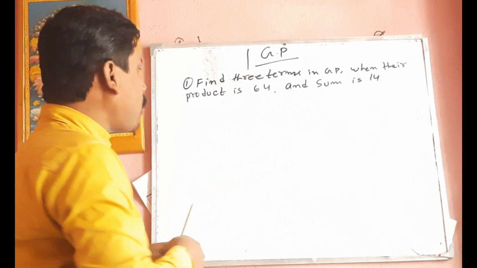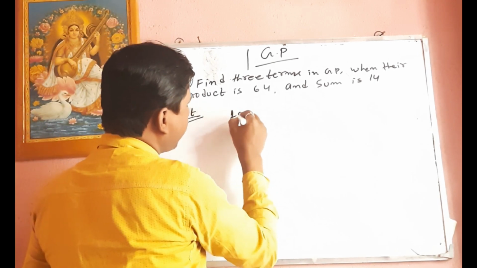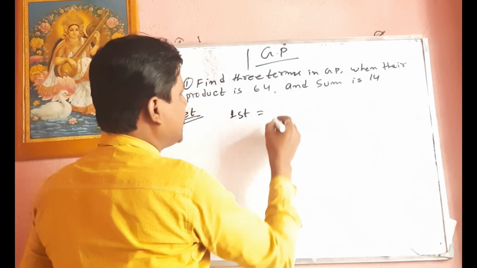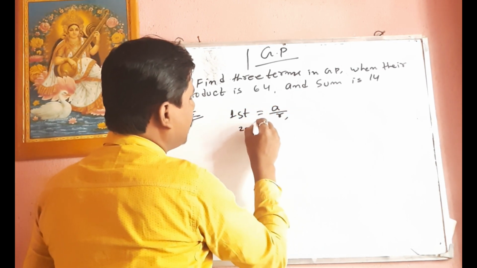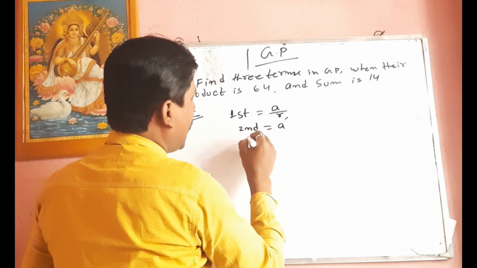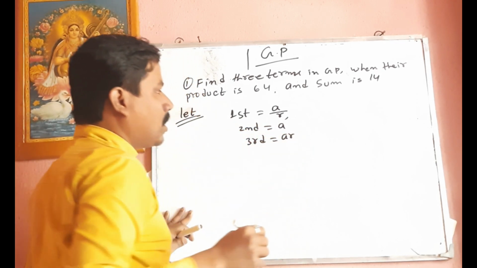So according to the formula, let the first term be a by r, the second term a, the third term ar.